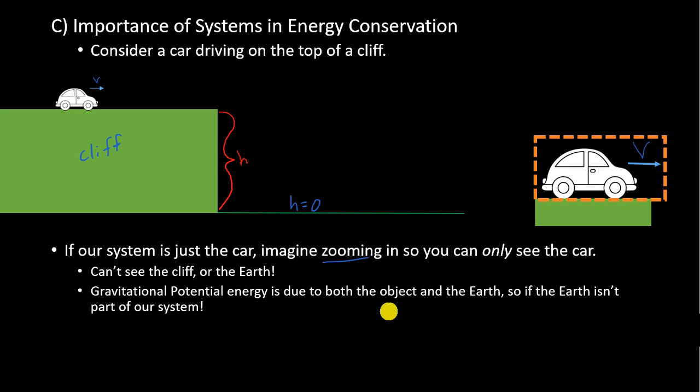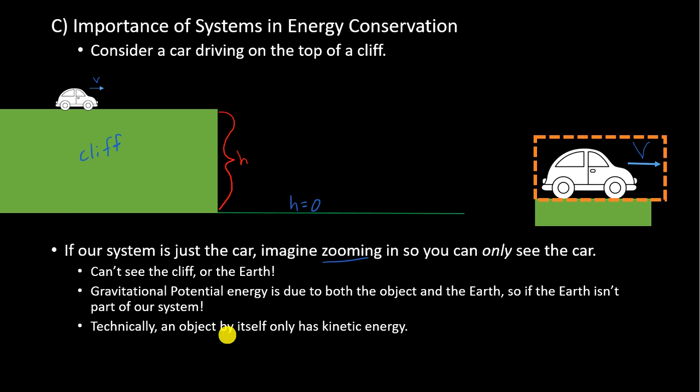Gravitational potential energy requires the Earth. Even think of the equation, U_g = mgh. No Earth, no g. So if our system is just the car, that must mean that Earth isn't part of our system. And if that's true, we could not and we should not consider gravitational potential energy.